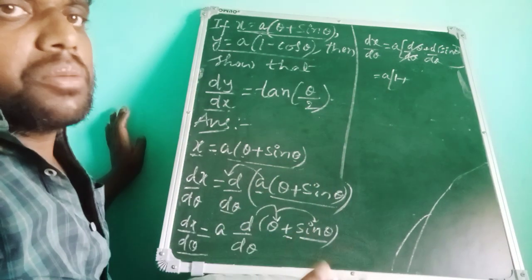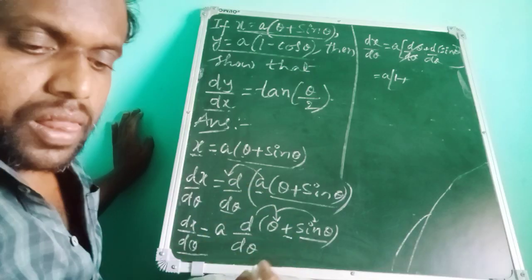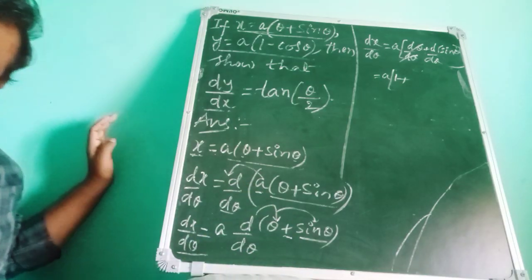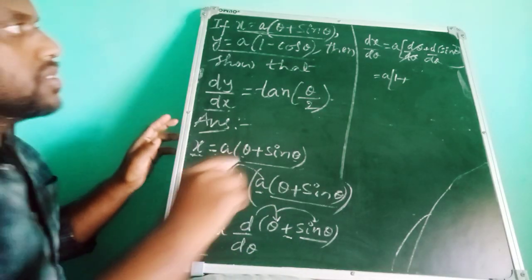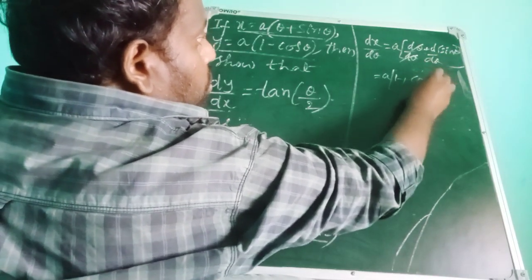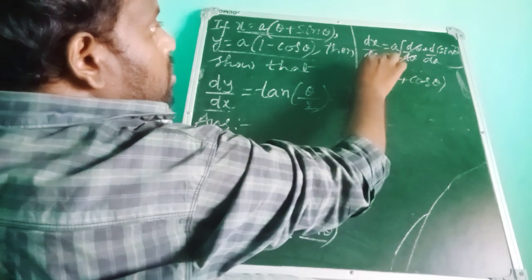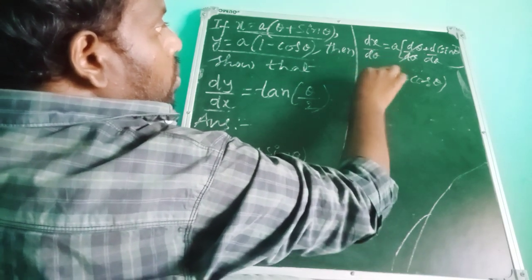Next, write constant a, bracket. The d theta is the same, so it will cancel, and we get 1. Next plus, differentiate d by d theta of sine theta. There is a formula: differentiation of sine theta will be cos theta. So d by d theta of sine theta is cos theta. That is the formula you have to remember. So dx by d theta, we got this.